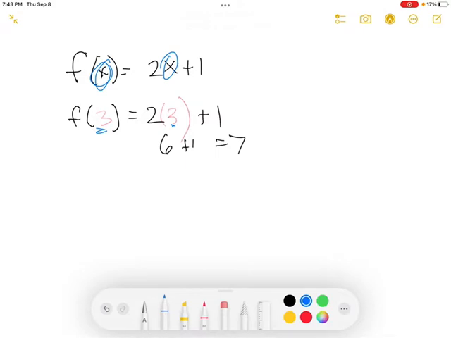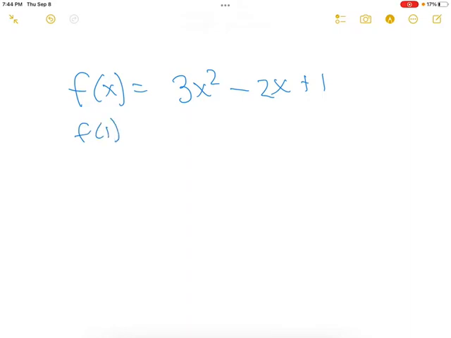Now let's do an example here that involves a bit more trickiness. Let's say we have f of x is equal to 3x squared minus 2x plus 1. And I want to find f of 1.